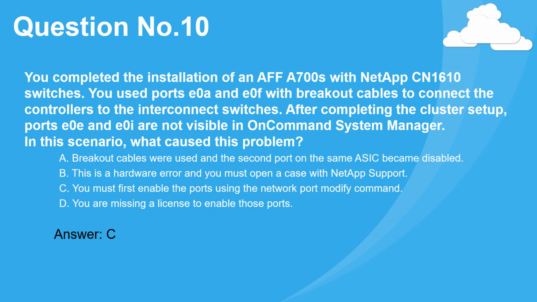In this scenario, what caused this problem? A. Breakout cables were used and the second port on the same ASIC became disabled. B. This is a hardware error and you must open a case with NetApp support. C. You must first enable the ports using the network port modify command. D. You are missing a license to enable those ports. Answer. C.